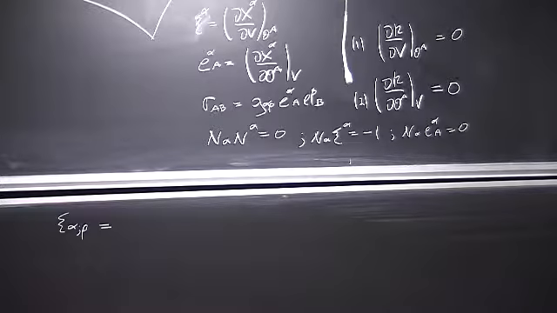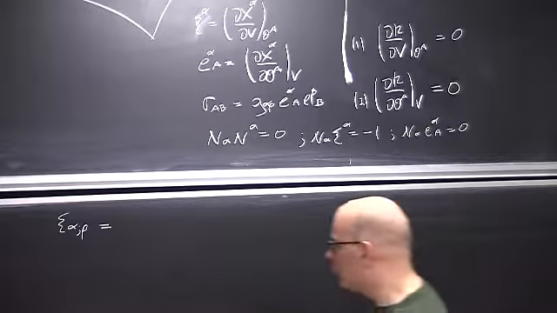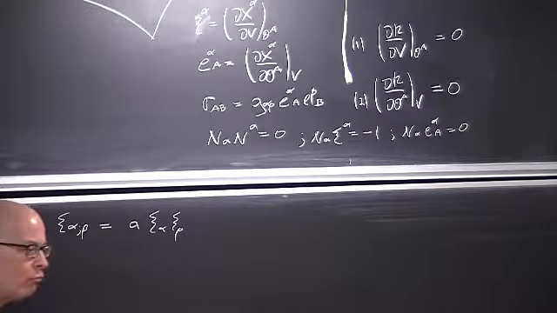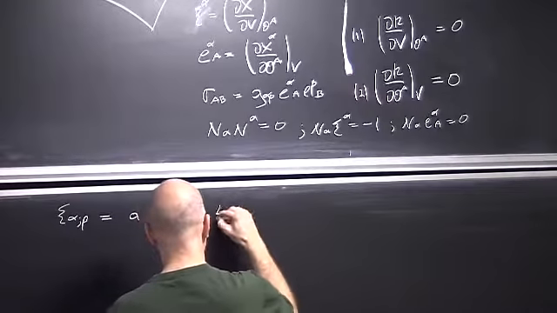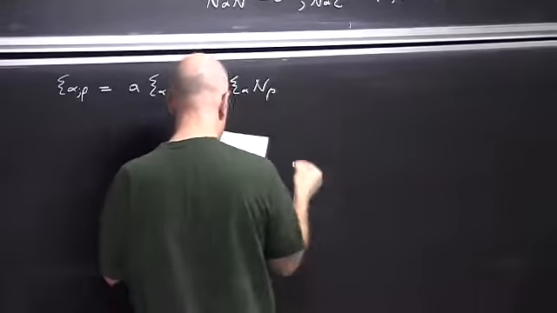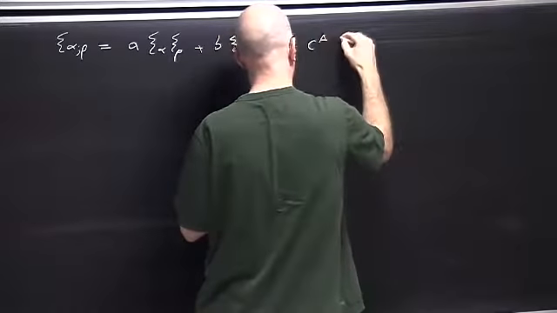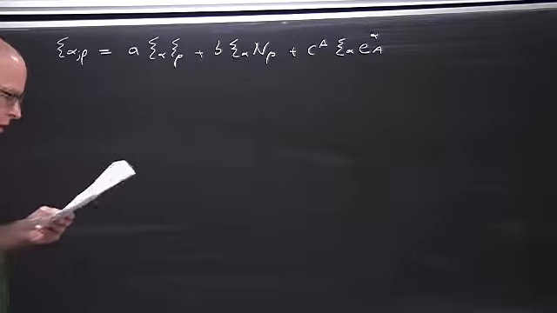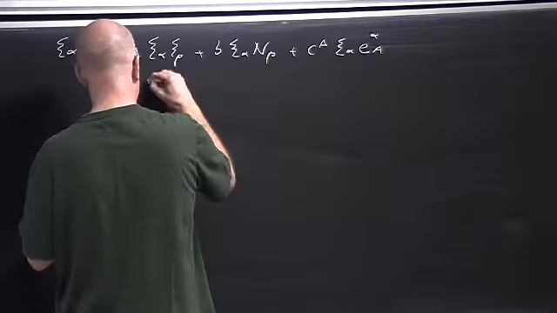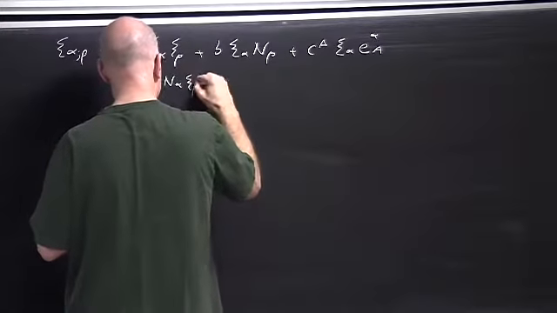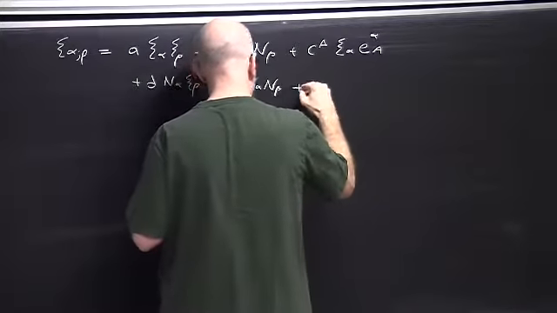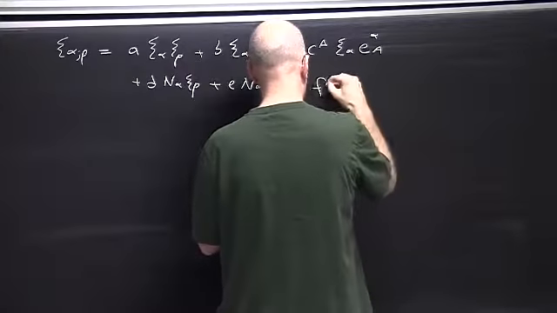Okay, so let me just write it down. I think it will be obvious what I mean. So this tensor can have a component purely in the direction of xi. It can also have components along xi and n, and it can also have components along xi and the transverse vectors. It can also have a component along n and xi. It can also have components along n and n, and it can also have components along n and the transverse vectors.